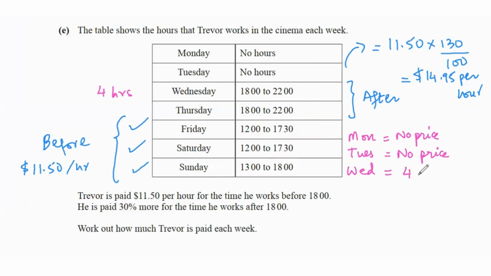So we do 4 times 14.95, and that basically gives us $59.8. Then for Thursday, same thing, 4 hours. So that's again going to be $59.8.